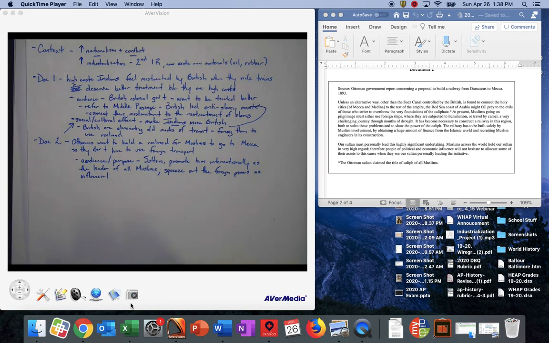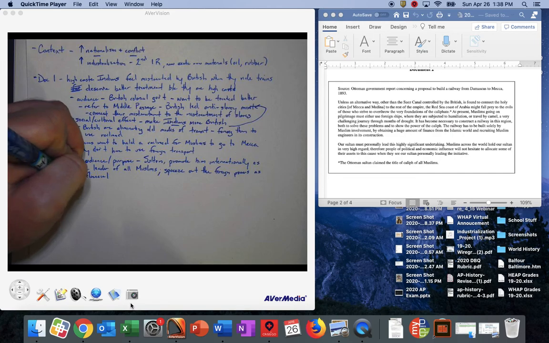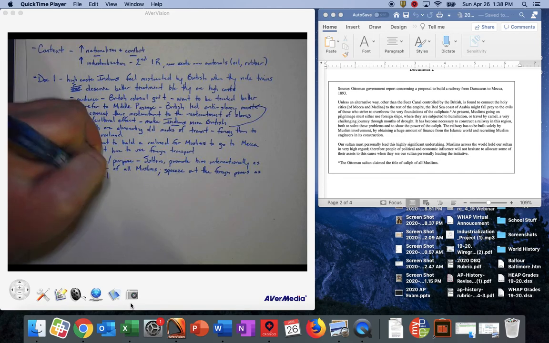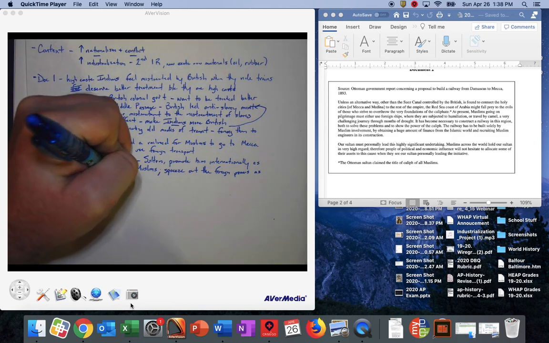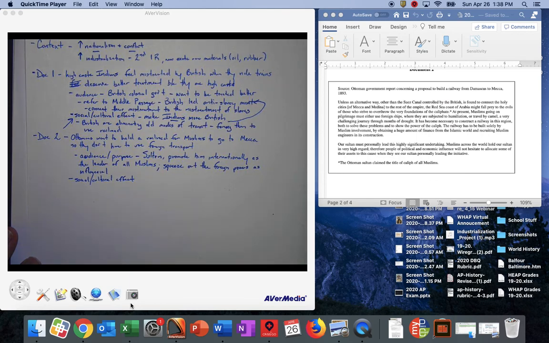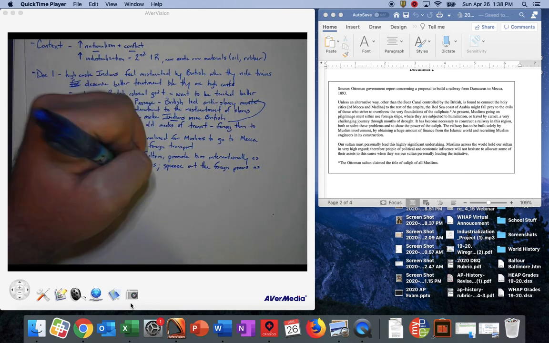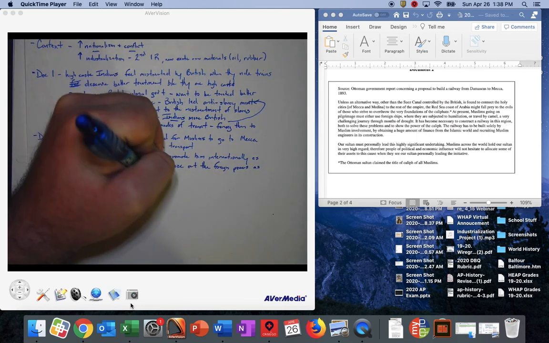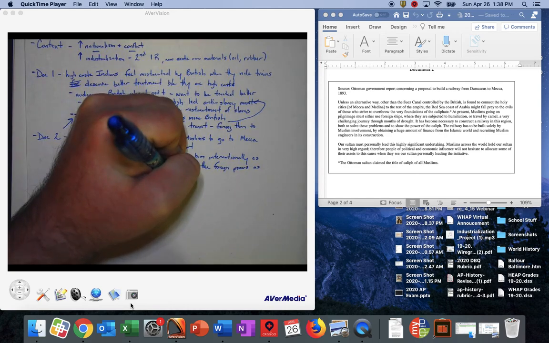So again, we want to think about effects, and I think there are two different types of effects here. There is this social cultural effect. And the social cultural effect is that we want to unite the Muslims.